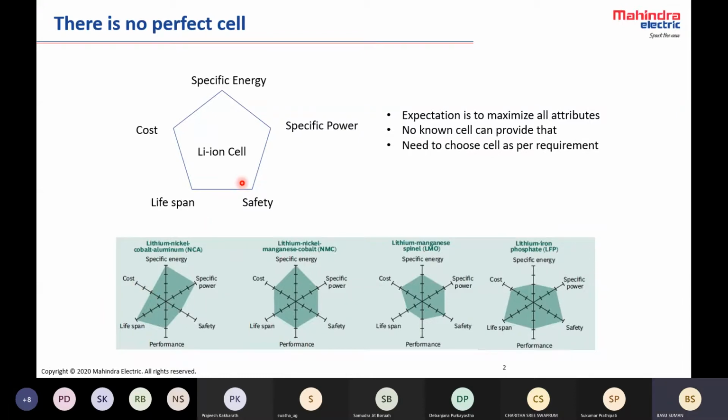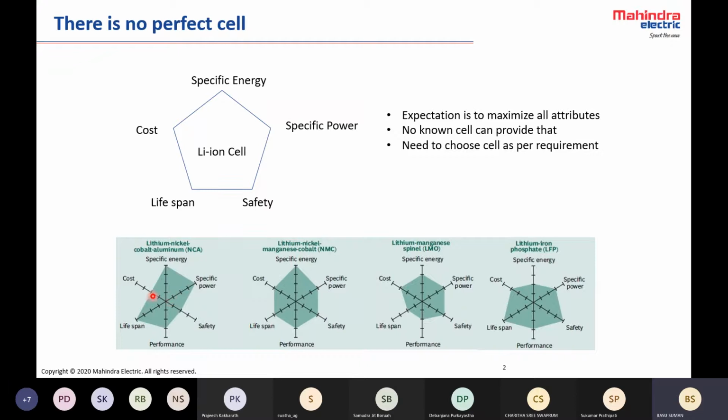this is probably, I am not sure if you know this concept. This is a concept which is called spider chart. So in the spider chart, what we do is we put different attributes of any design or anything else also, and then going outward means it is good, and near to the center means it is bad.